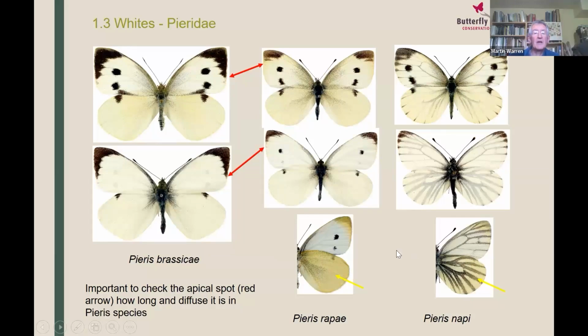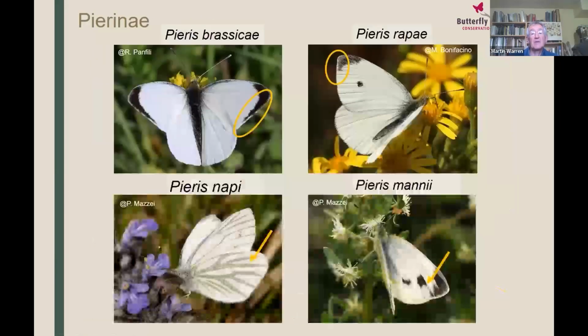So again, if you get a good look, you'll soon get the hang of identifying these. So things to look for: underside, whether it's got the veins, also whether it's got a big black mark in the wingtip.